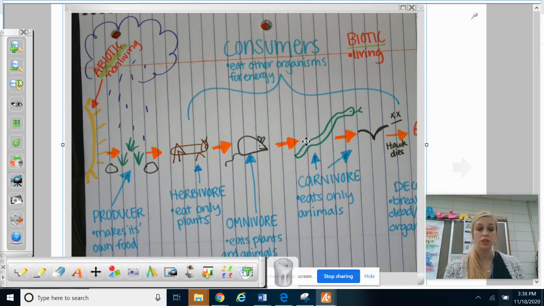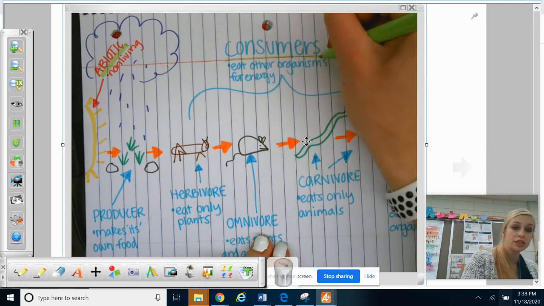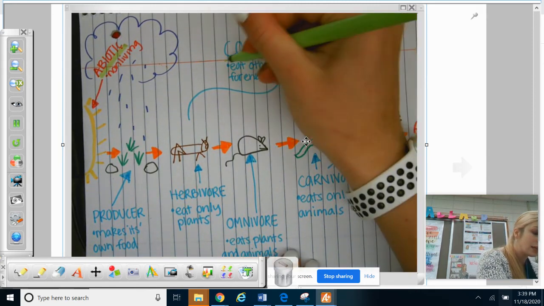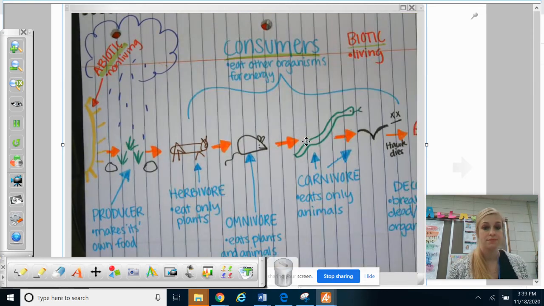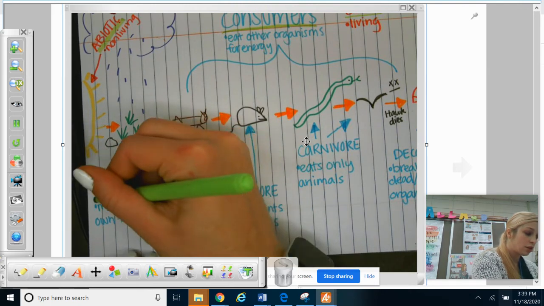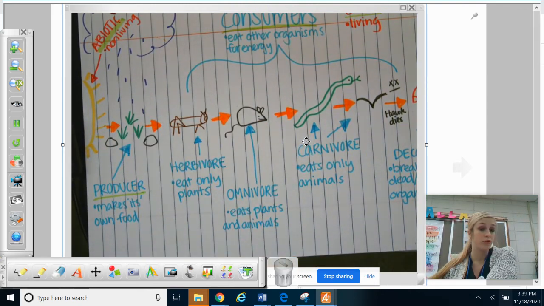All living creatures, plants, animals, trees, puppies, you, me. Consumers are organisms that consume food. They cannot make their own food. They have to eat other organisms, plants or animals. Producers are basically plants. They're things that make their own food through photosynthesis.